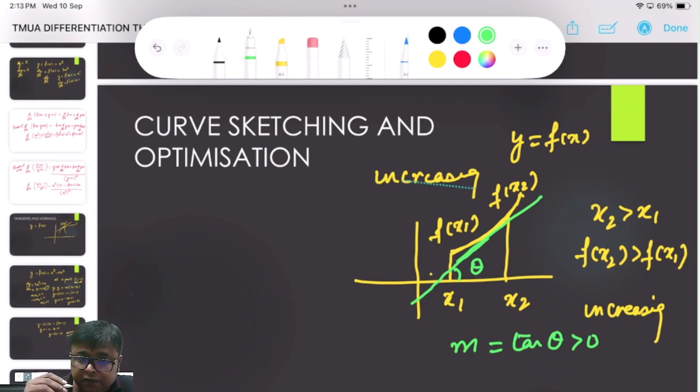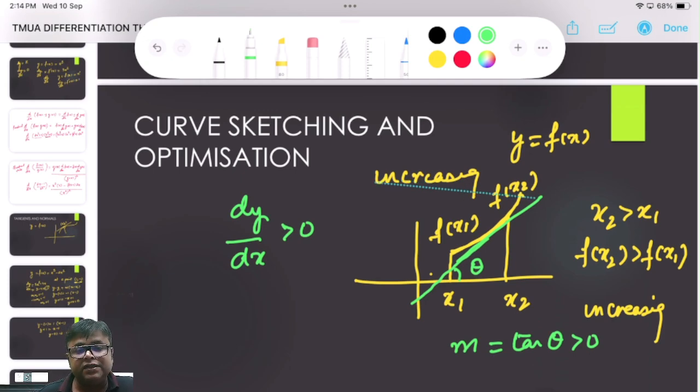So if the curve is increasing, then the slope at that point is positive. Slope at all those points where the curve is increasing is positive. And the slope of the tangent also means dy by dx. So I can conclude that dy by dx will be greater than 0 at those points where the curve is increasing.